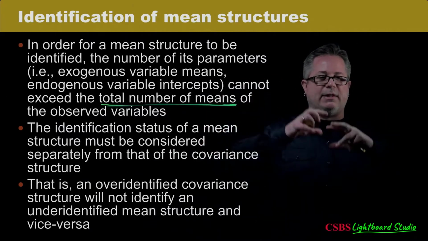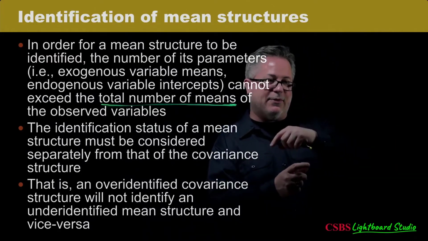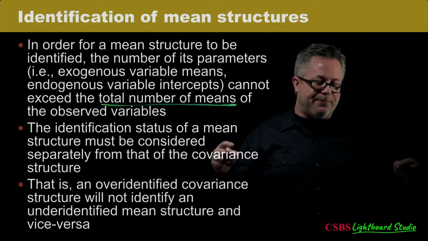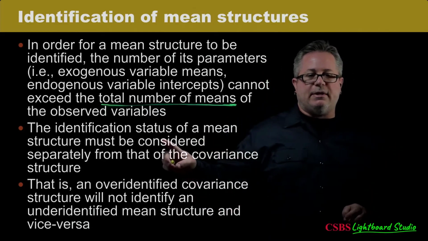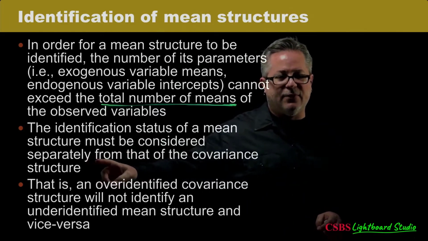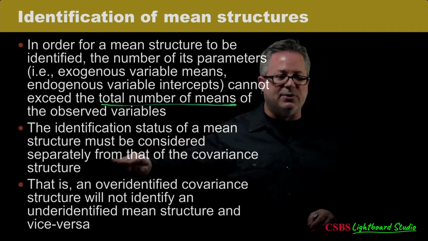It's not like one thing. You can't borrow from the other. Like if I don't have enough variances and covariances, I can just take from the means. It doesn't work that way. They sort of are separate. The identification status of a mean structure must be considered separately from that of the covariance structure. Right? It's a separate thing, separate issue.